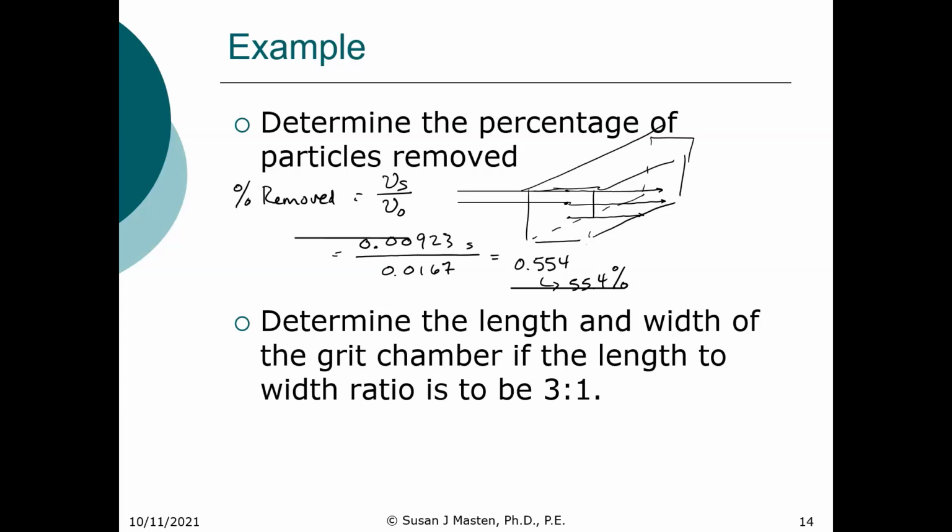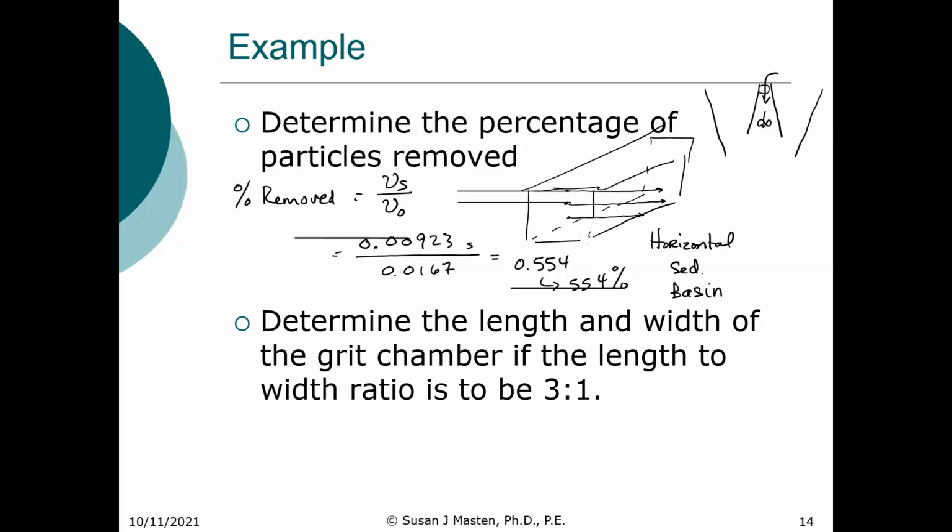So this is true for a horizontal sedimentation basin. Circular clarifier, it's also true for that. But if it were an upflow clarifier, so an upflow clarifier operates, the water flows in through the center.